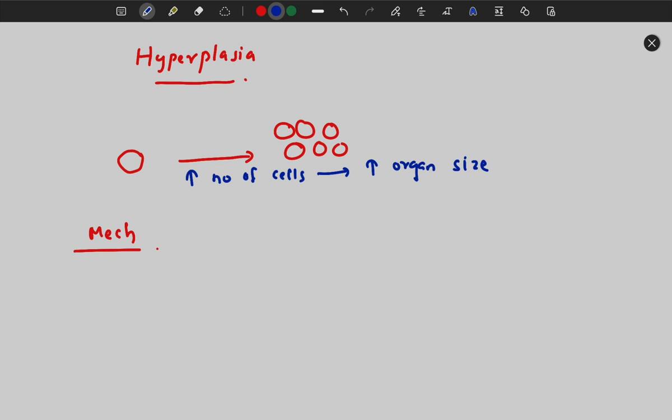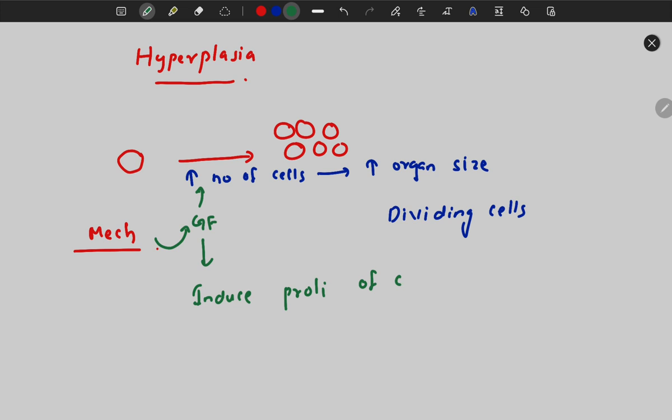In this, the cell number increases. This happens mainly in dividing cells. It is quite logical that in dividing cells, the cell will adapt by hyperplasia. What is the mechanism behind it? The mechanism is certain growth factors, which induce the proliferation of cells.